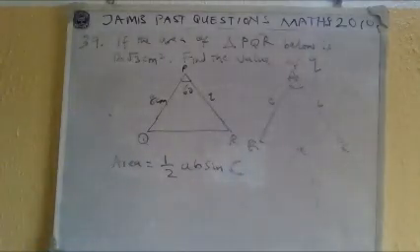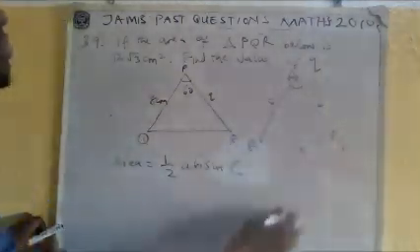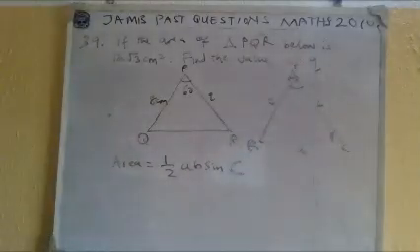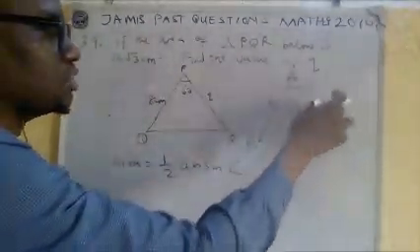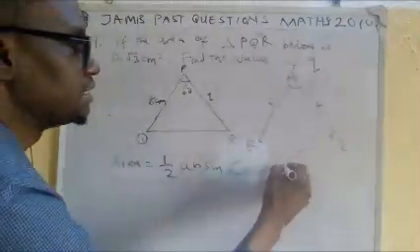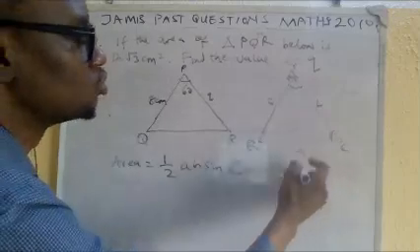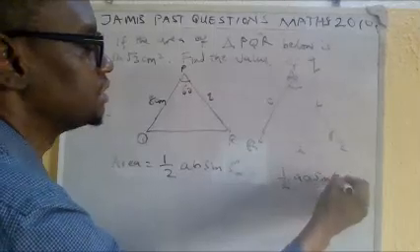So if, for instance, this is the angle we are looking for, angle C, and we are given these two sides as well, area is half, small a, small b, sine big C.